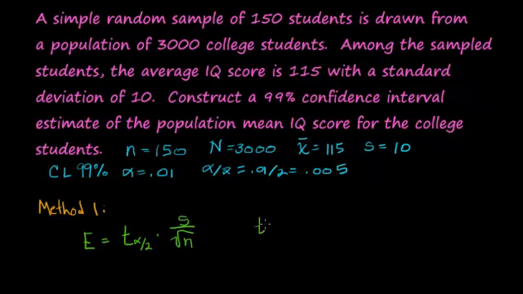Our critical value, t alpha over 2, is going to be t.005, and remember we need the degrees of freedom. Degrees of freedom is n minus 1, 150 minus 1, or 149. We'll get that from the inverse t function.